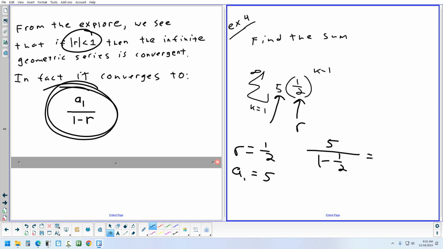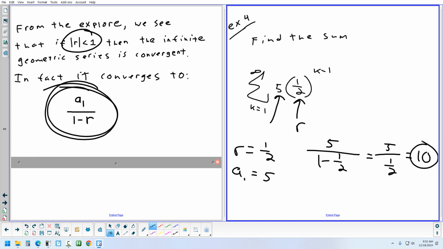What's 1 minus a half? That's a half. And what's 5 divided by a half? 10. Not 5 divided by 2, that's different. 5 divided by a half is 10.